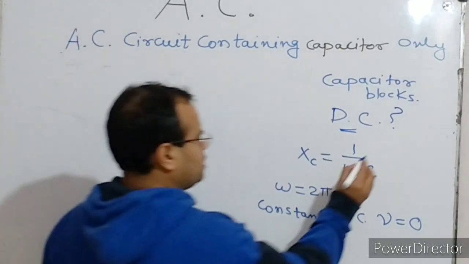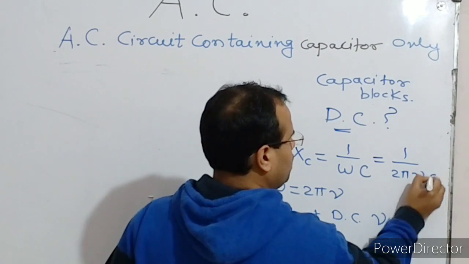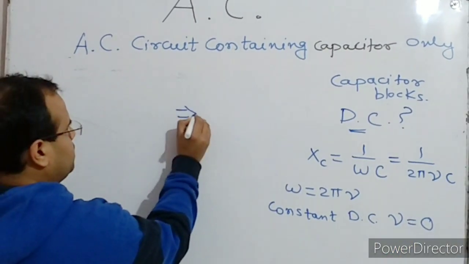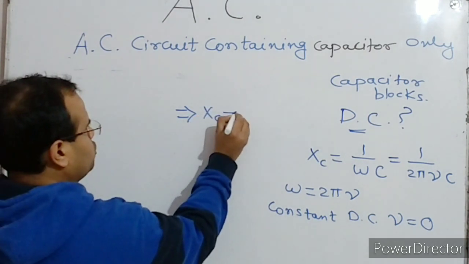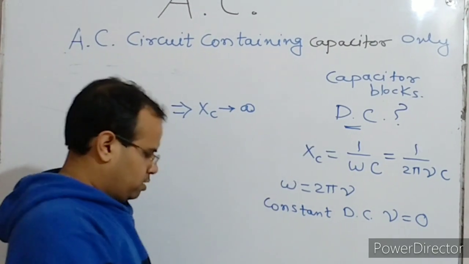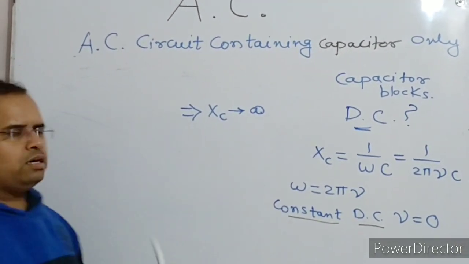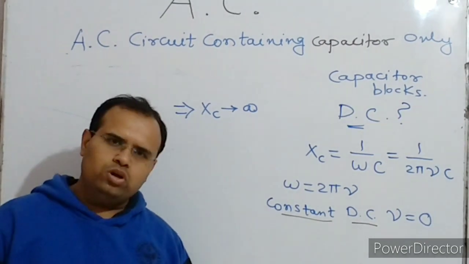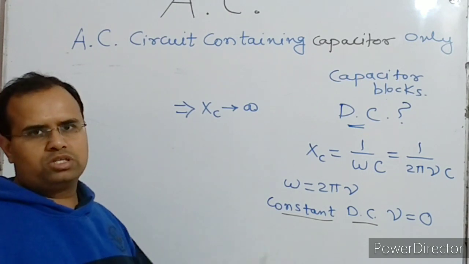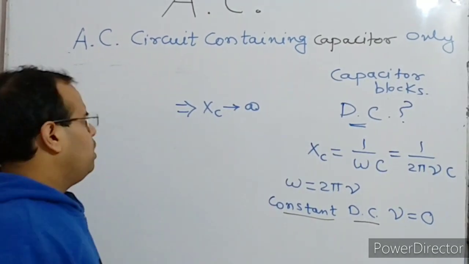So you can write it as Xc equals 1 upon 2 pi nu c, and because nu is 0, this implies Xc tends to infinity. What does it mean? For a constant DC, the capacitive reactance becomes infinite, and because it becomes infinite, it blocks the DC. So that's why the capacitor blocks DC.